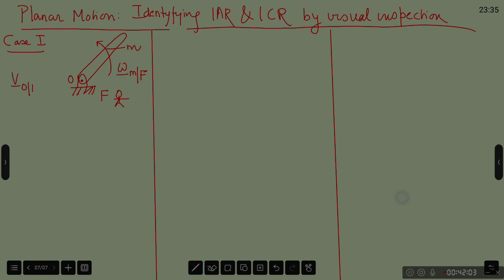O does belong to the body M, and thus ICR must be O, and the IAR is an axis passing through O and perpendicular to the plane of the screen.